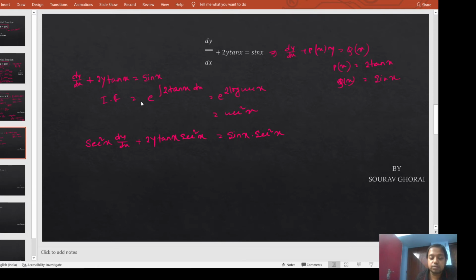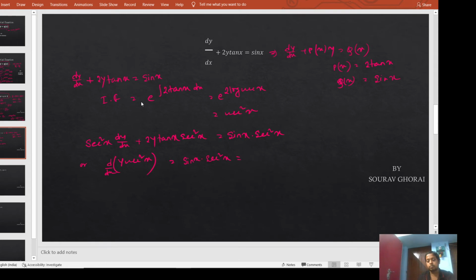And after multiplying by the integrating factor, in the left hand side we get d of y into the integrating factor, which is d/dx of y sec² x, is equal to sin x into sec² x.